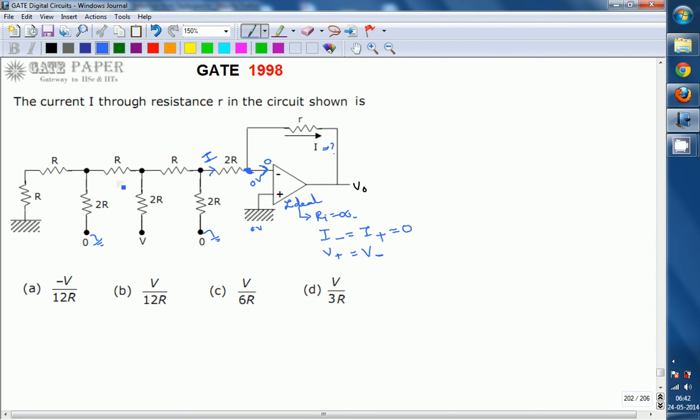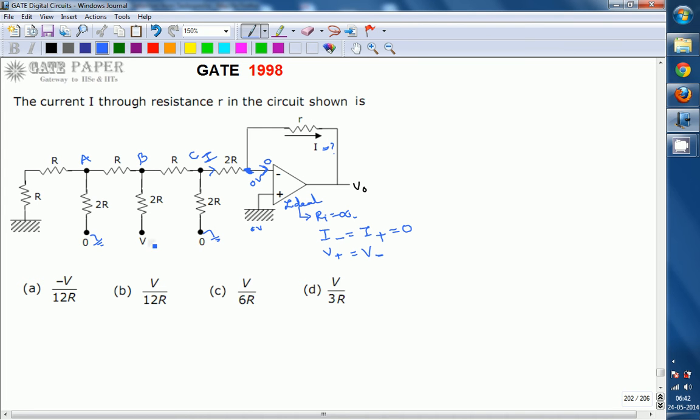Assume the nodes are shown as follows: this is node A, this is node B, and this is node C. So we are going with three nodes A, B, C, and voltage V is applied over here.